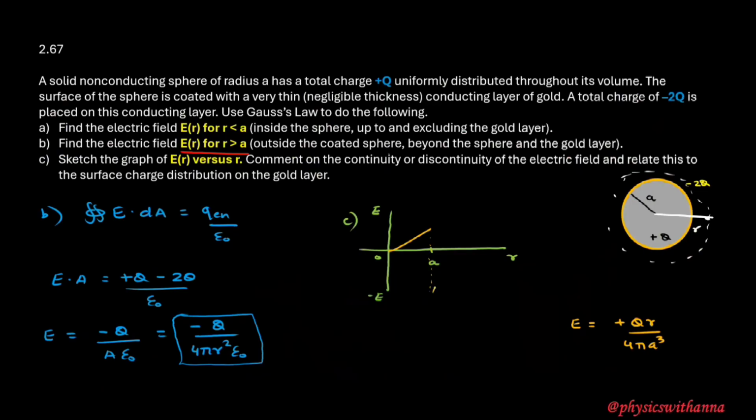So it will vary as 1 by R squared as you go away from the sphere. So it decreases. The value of electric field at this point would be Q r over 4 pi A cubed epsilon naught, and the value of electric field at this point will be minus Q over 4 pi R squared epsilon naught. So there is a discontinuity at the surface charge distribution where you have the gold layer. The presence of the gold layer causes a sudden spike in charge, and thus you have this discontinuity.